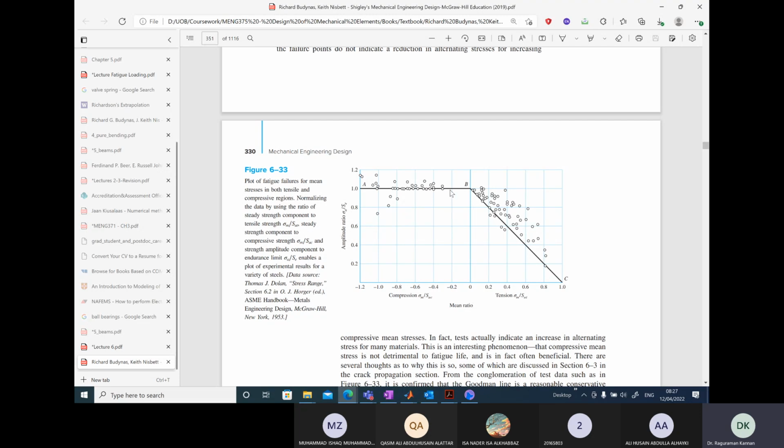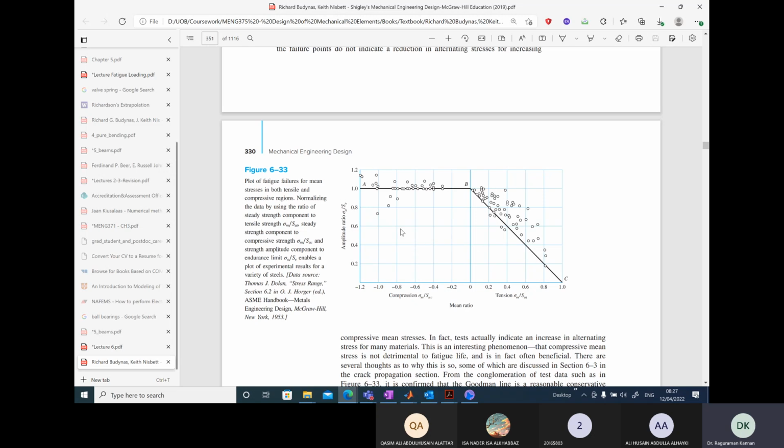What is SE? It is the endurance limit. If we are below the endurance limit, we have infinite life with negative mean stress, and above it, we have failure.